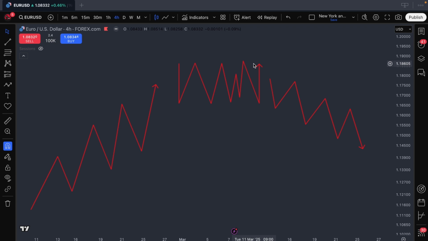You do not want to be entering when the price is consolidating. Granted, there are trading strategies that you can use in consolidations, but the big traders and the smart money like to follow the trend. The trend is your friend.